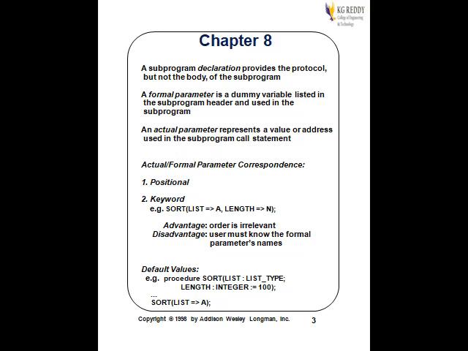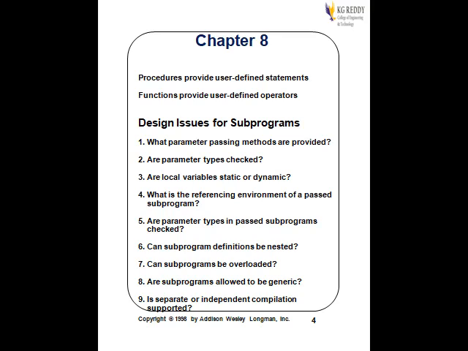We need not know about the order, because even if I write length assigned to n and list assigned to a, exchange the order also, no problem, since I am mentioning the names of the formal parameters. Okay, so the only disadvantage here is user must know the formal parameter names.